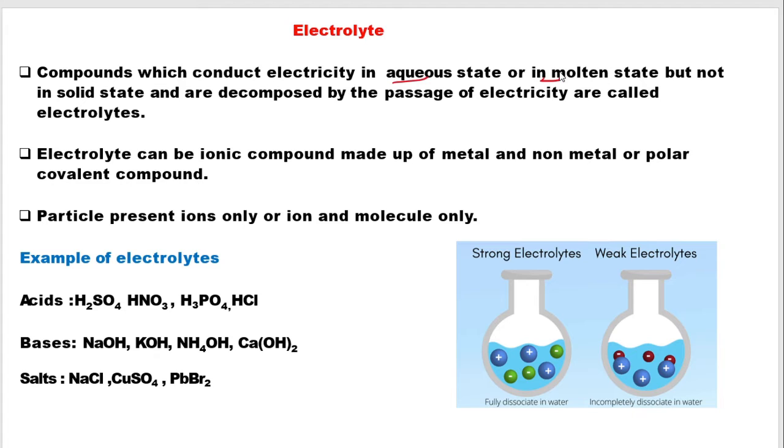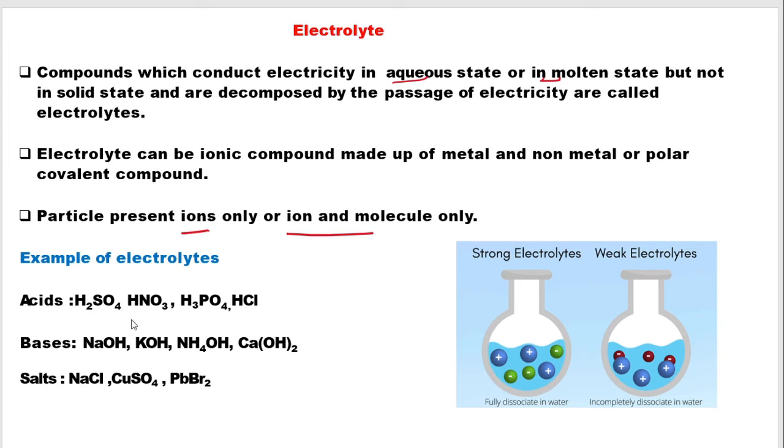So, what kind of particles would be present in an electrolyte? Either it could be composed of only ions, or ions and molecules. There are certain examples of electrolytes. In our previous chapter we have read acids, bases and salts. So different acids, different bases and different salts can behave as electrolytes.